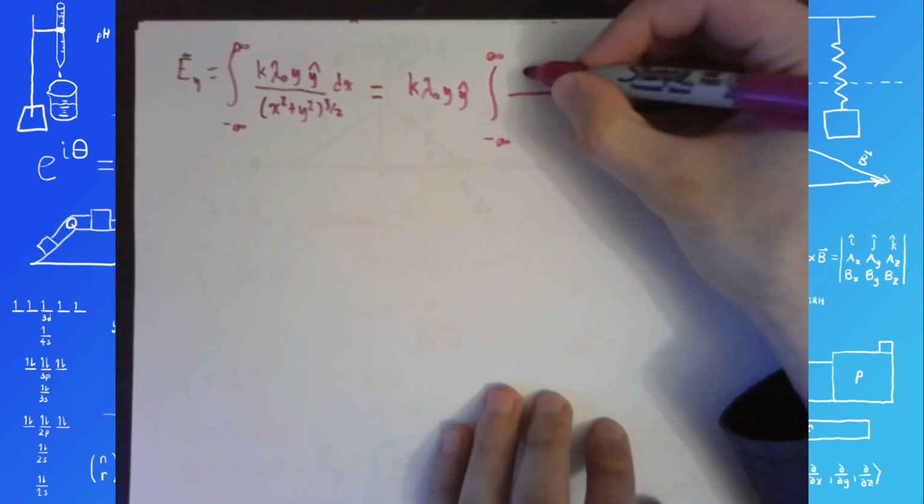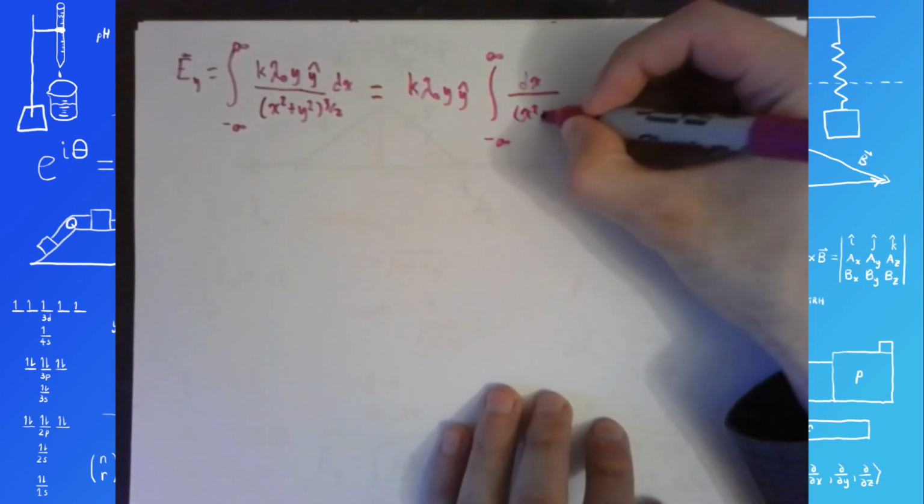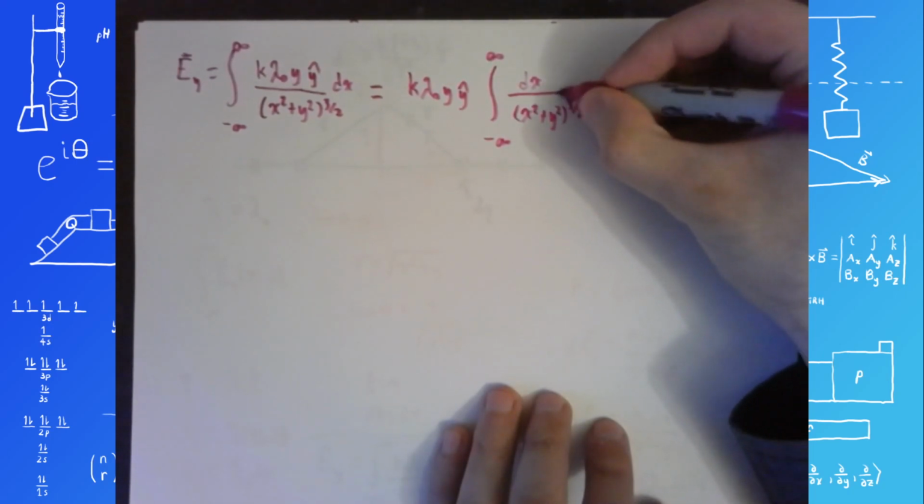And that leaves me with dx over x squared plus y squared to the 3 halves.